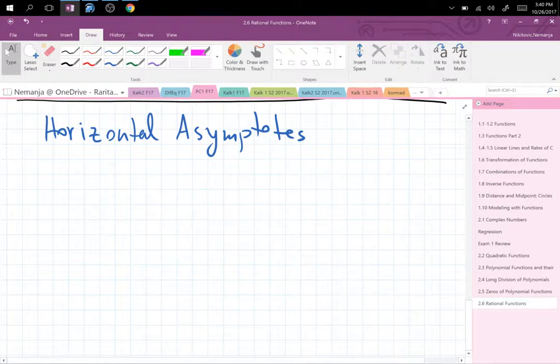These can be crossed by the function. And that is something that you have to accept immediately. Vertical asymptotes can never be crossed. You cannot puncture through a vertical asymptote. But a horizontal asymptote, yes, you can cut through a horizontal asymptote.